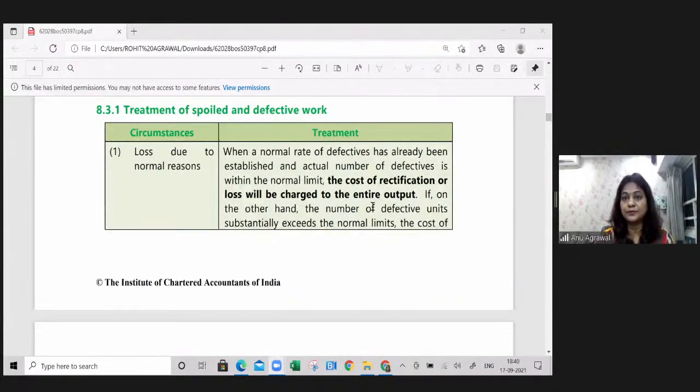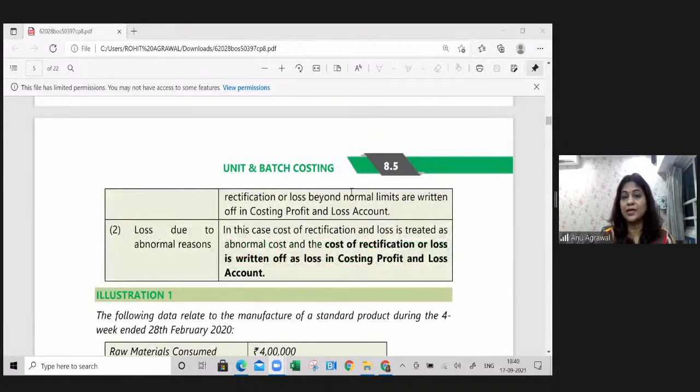What do they say there? The cost of the rectification beyond the normal is put into the costing P&L account. This is what ICAI is really interested in, right? And if it is due to abnormal reasons, if this rectification is abnormal, then obviously we never allocate it to the cost of the goods. We always put it into costing P&L.